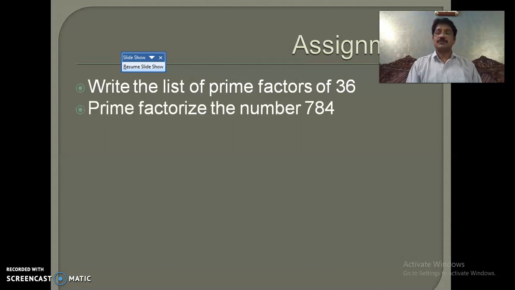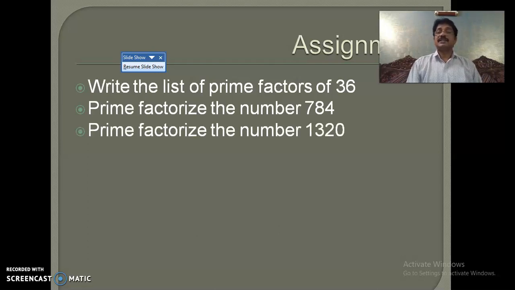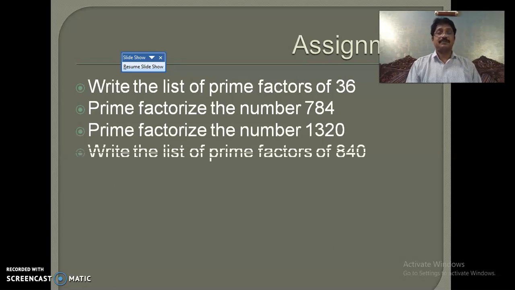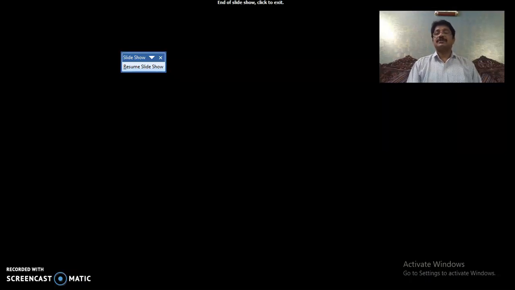Next, prime factorize the number 784. Third, prime factorize the number 1320, and write the list of prime factors of 840. Clear? In this manner, you have to write the total prime factors. Do you understand? Good.